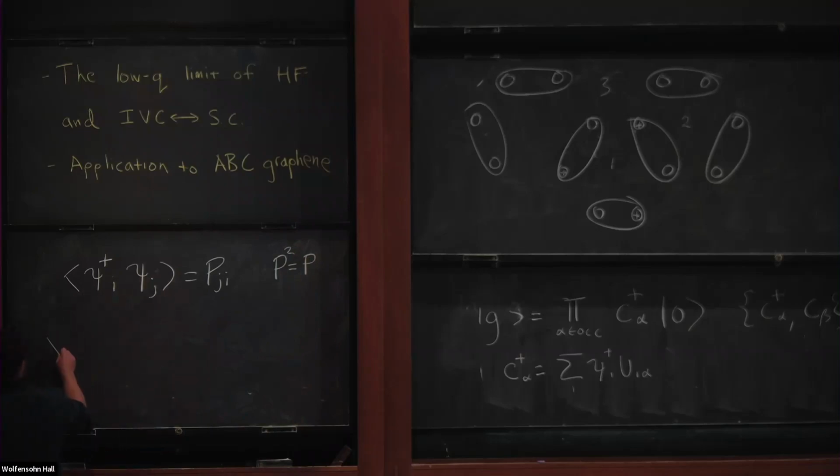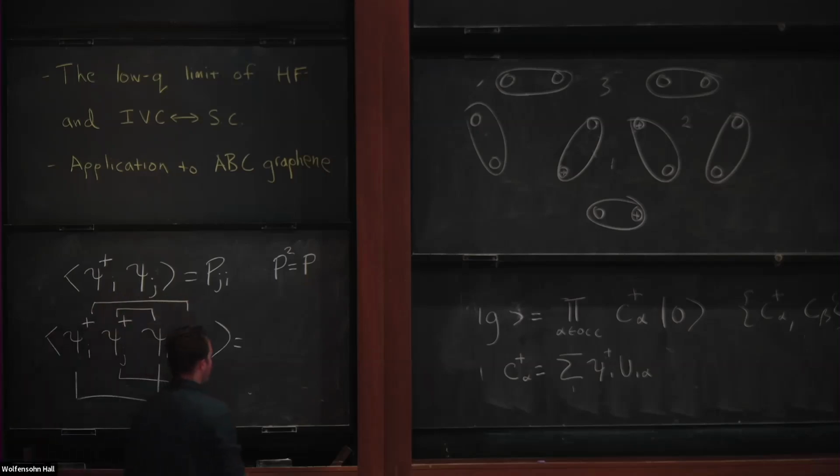Okay, so in general, let me just consider this expectation value here. What Wick's theorem tells us is that any higher point function factorizes in terms of the 2-point function. So if I have some ijkl, if you evaluate this with respect to a Slater determinant, then this becomes a product of two types of contractions, which we denote like this.